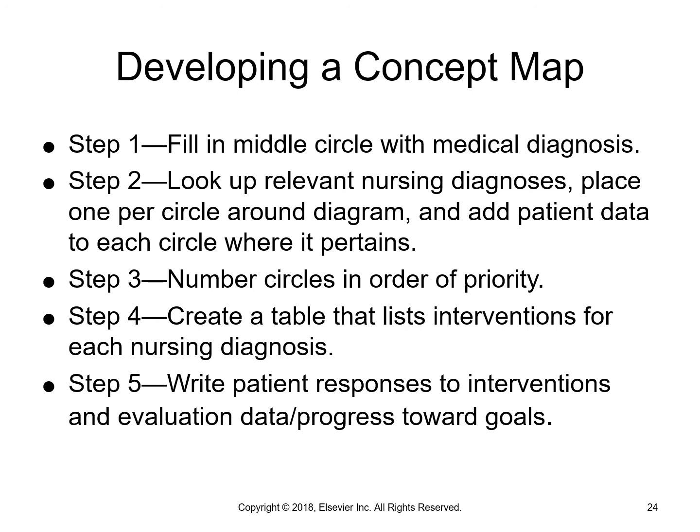Step number three, number the circles in order of priority. Again, it's very important that we prioritize. Step number four, create a table that lists interventions for each nursing diagnosis. And step five, write patient responses to interventions and evaluation of data and progress towards goals.